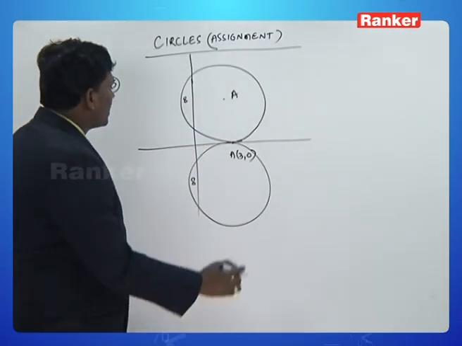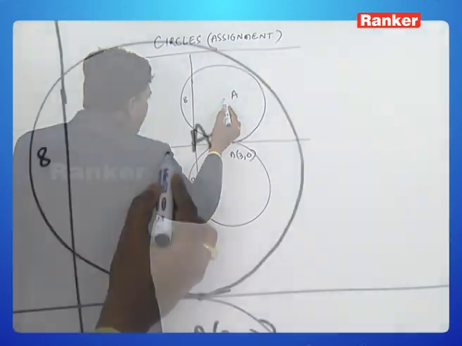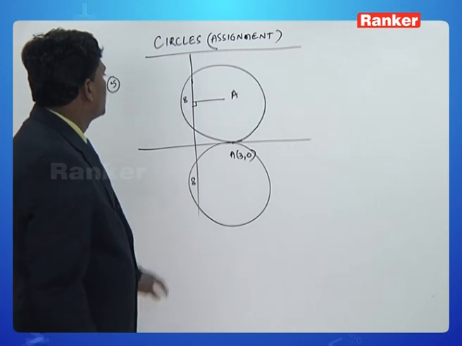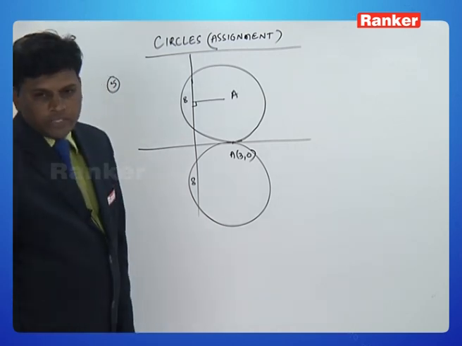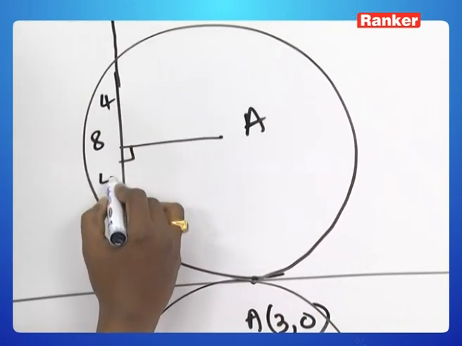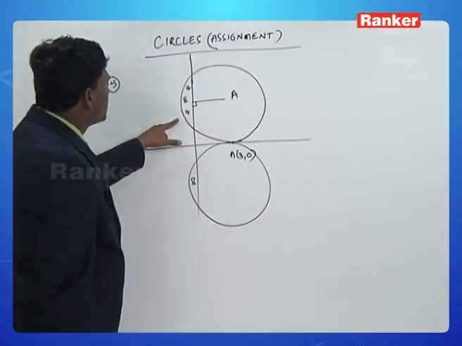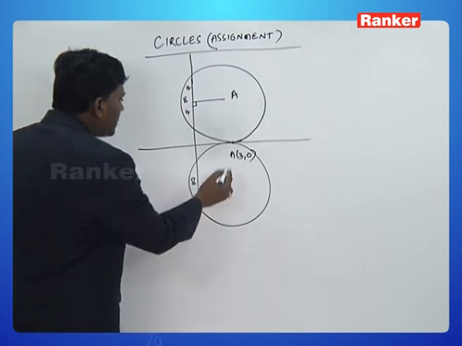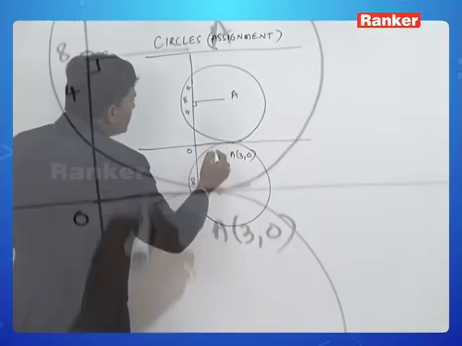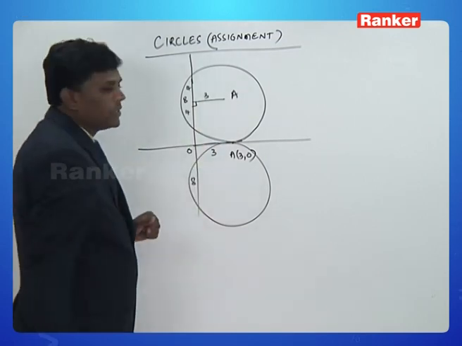as we have discussed earlier, draw a perpendicular bisector from this center to this y-intercept. We know that it is a perpendicular bisector, so it will bisect the length, and you are getting 4 units. Because this OA length is 3 units, this length also will be 3 units.